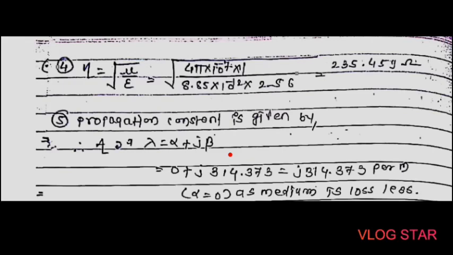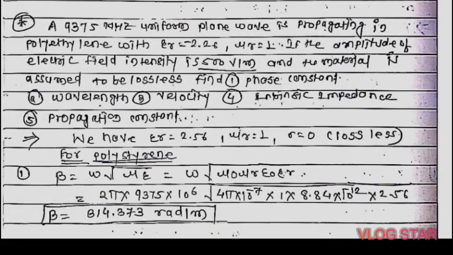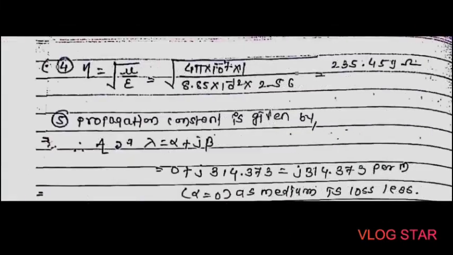So it is equal to j into 314.373 per meter. This is the value of the propagation constant. In this way, using these formulae, we can calculate the phase constant, wavelength, velocity, intrinsic impedance and the propagation constant.